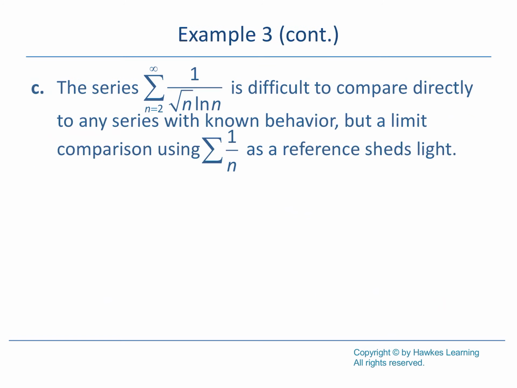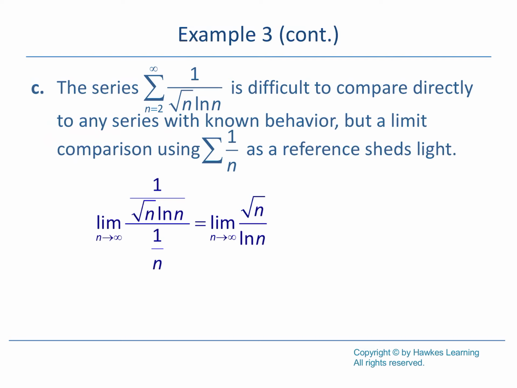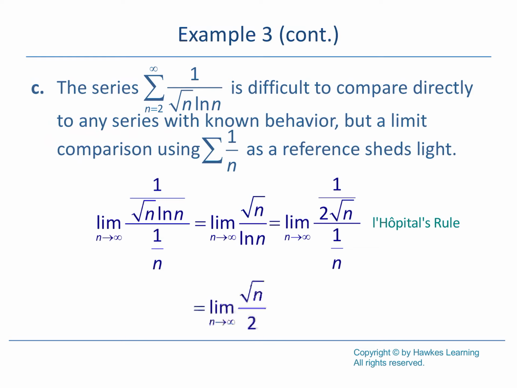The last one. We have a product of square root of n and ln of n. We're going to take a comparison with the harmonic series. When you compare that, some powers of n cancel there. We use L'Hopital's rule and end up getting a limit comparison number here that goes to infinity.